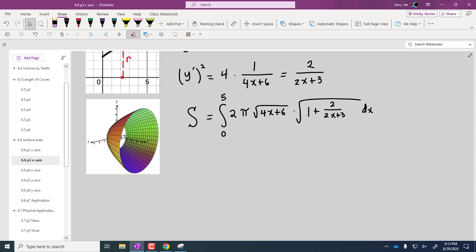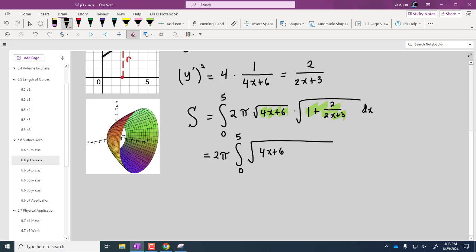Once again, we see 2 square roots. So what do we do to those 2 square roots? Combine them. When you take 2 square roots and you merge them together, you multiply the insides together. And for this particular problem, when we merge those 2 insides, I'm thinking about the 4x plus 6 times 1. 4x plus 6 times 1 is 4x plus 6.